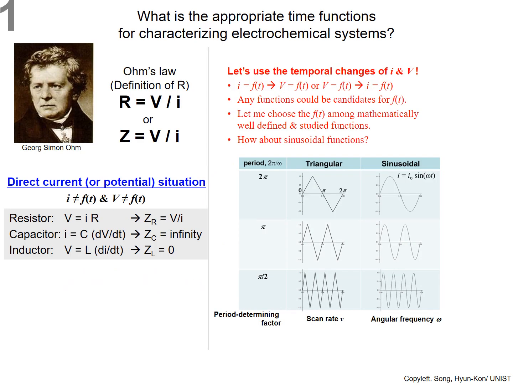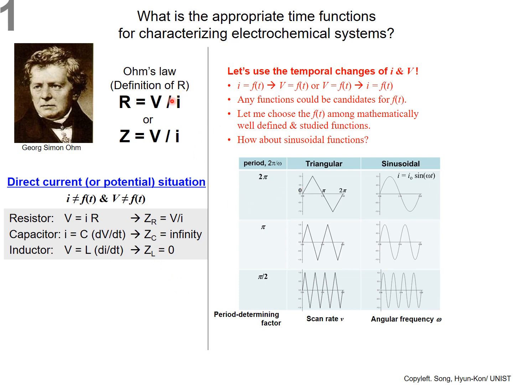Okay, so from these slides I'll try to use the circuit elements for representing our electrochemical processes. Let me start with Ohm's law. It is the first equation for the circuit element.